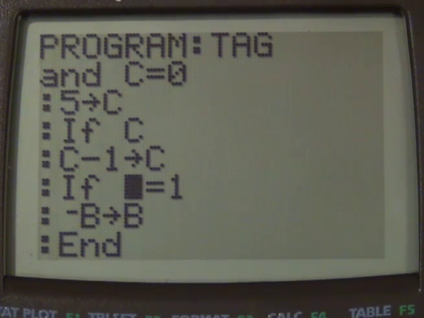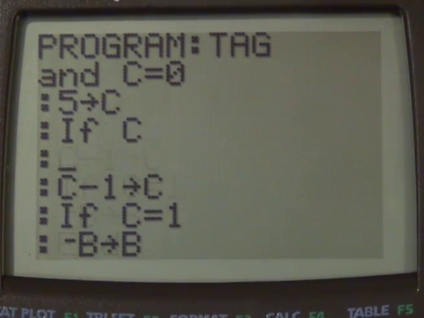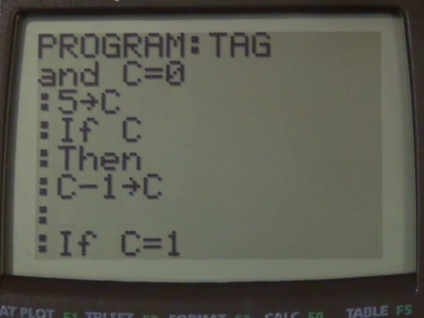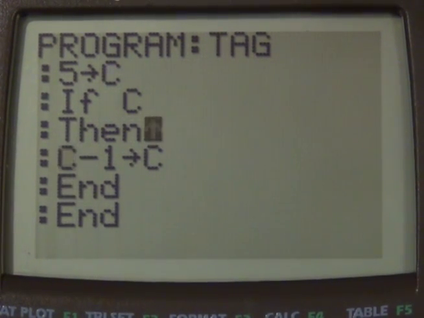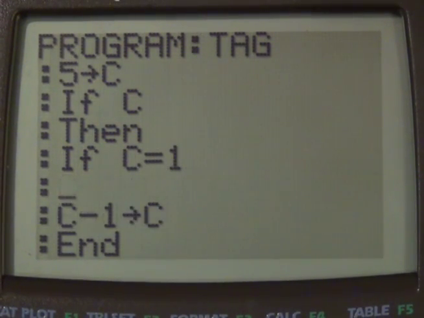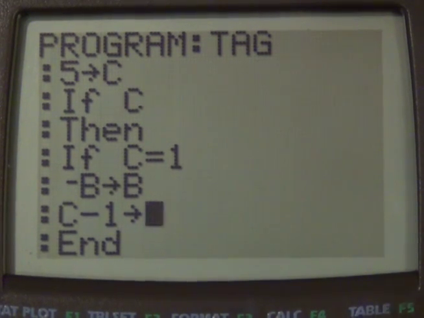So actually, let's do it right when it turns 0 for the first time. So let's do this. Negative B stores in B. So if C equals 1, then negative B stores in B, but no matter what, we're going to subtract 1 from C.